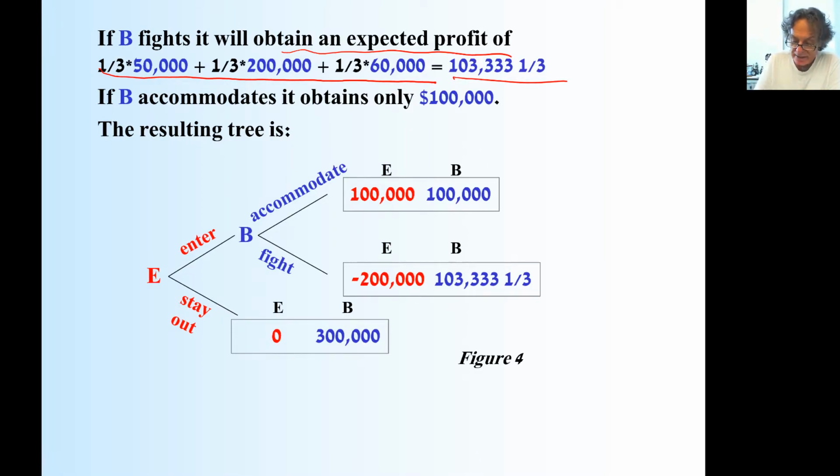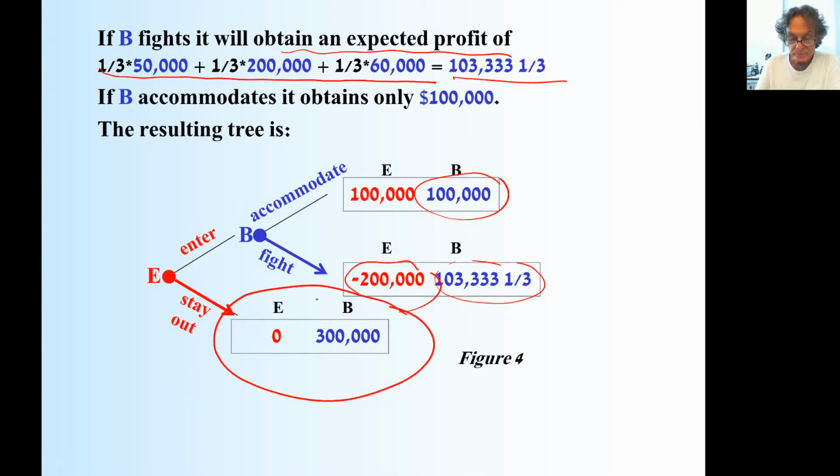And now let's see the decisions. So B here compares 103,333 with 100, and she is going to fight this time. E understands it, and if he stays out, he gets 0. Otherwise, he's going to lose 200,000. So E here will stay out. And what is the outcome now? A different outcome. It's this one. Hence, B will fight, and E stays out.